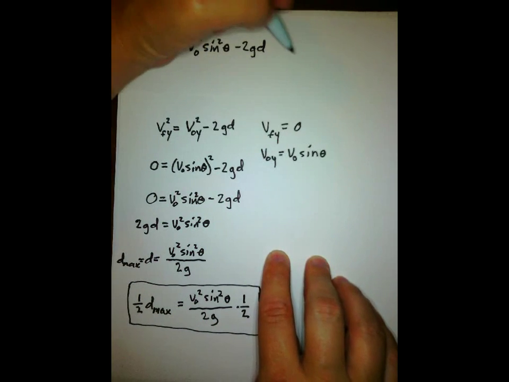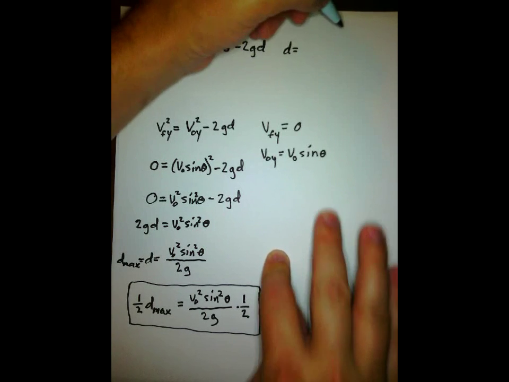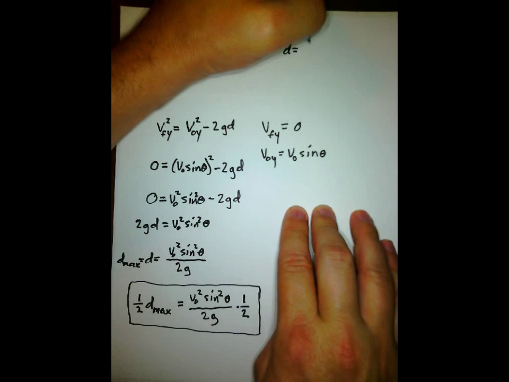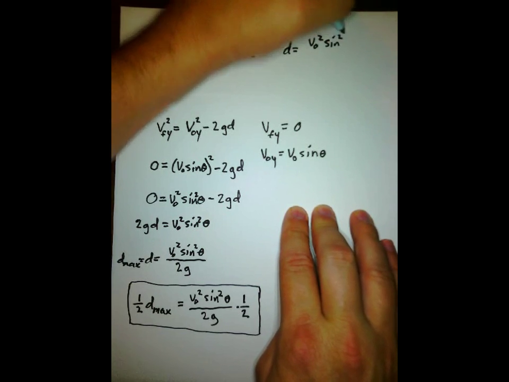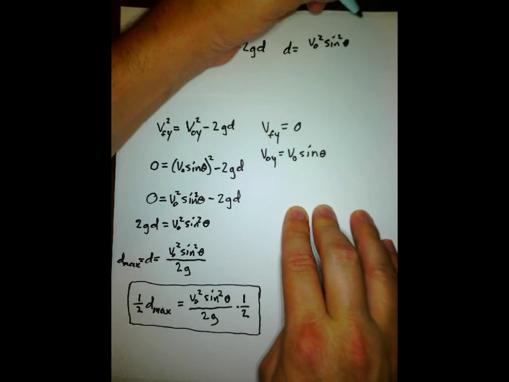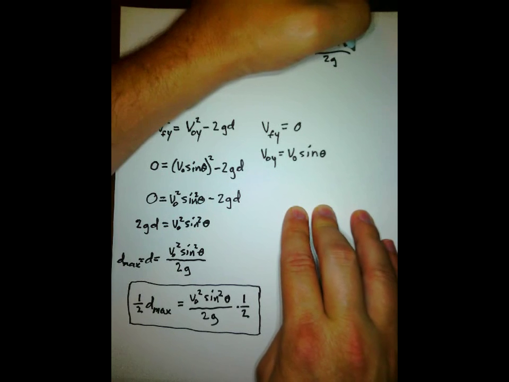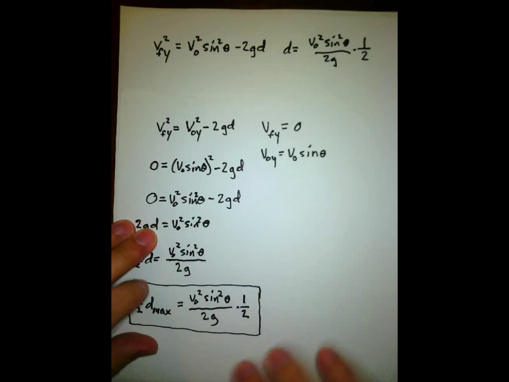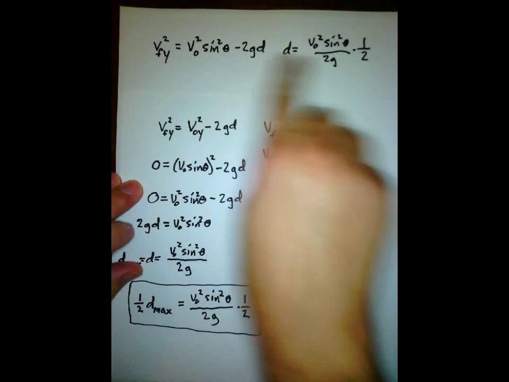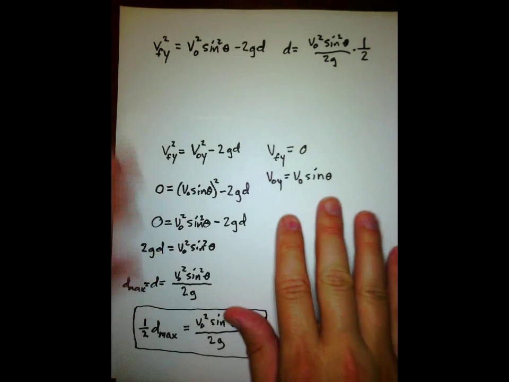So the distance I'm going to put in is v naught squared sine squared theta over 2g times 1/2.